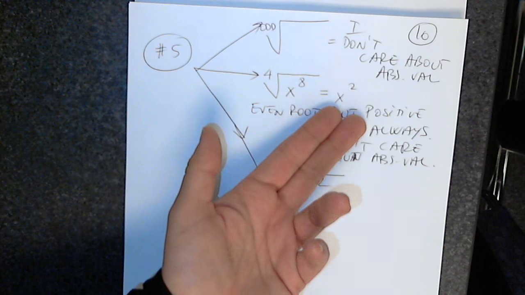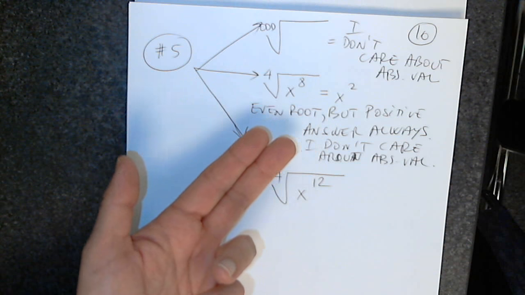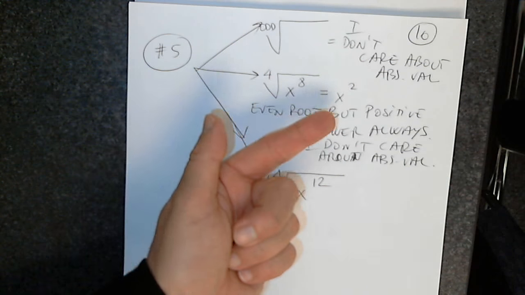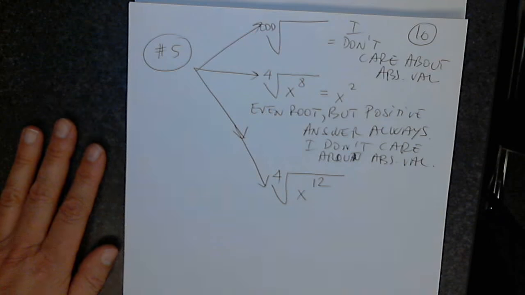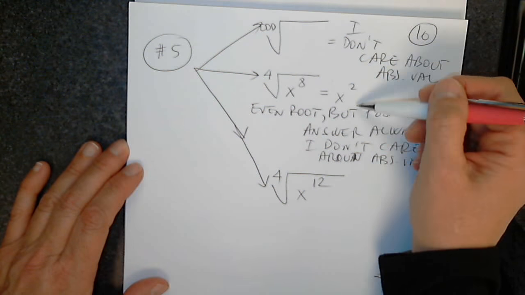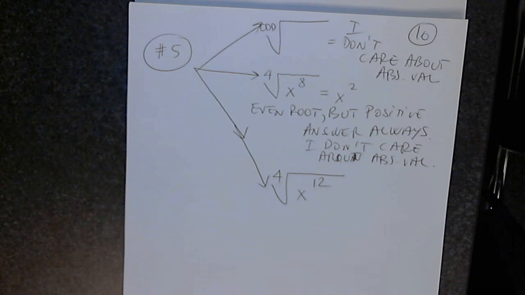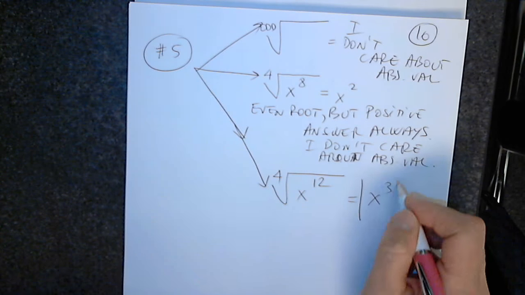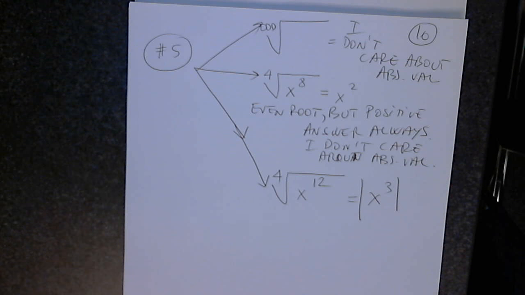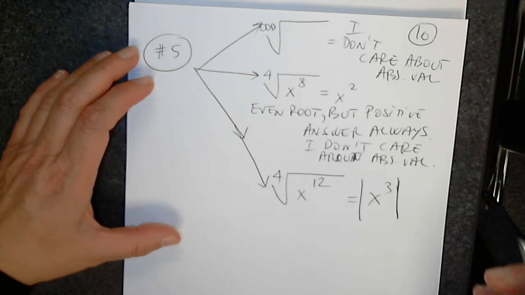There is no need to use the absolute value on x squared, even if the index is even, because the answer is guaranteed always positive. I don't care for the absolute value. It would be a mistake to write the absolute value on x squared. However, there is a third option. What is the answer now? It would be the absolute value of x to the third. Exactly, because x to the third could be negative, and I need to make sure that's not going to happen.